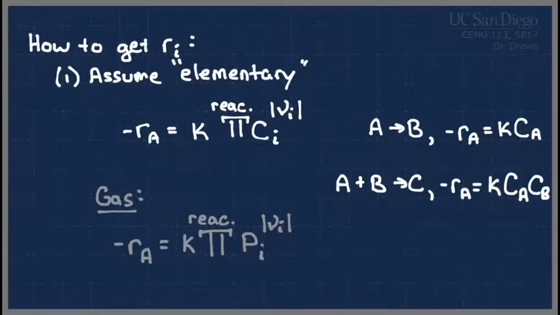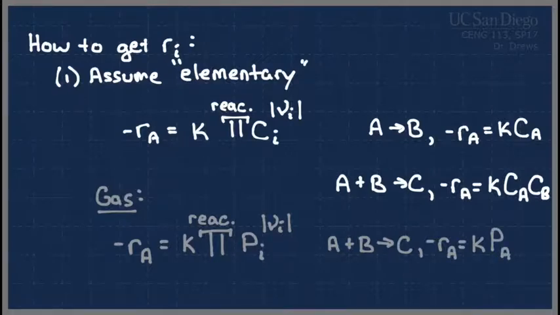So for example, if I had this same expression, A plus B goes to C, and I wanted to write that elementary rate law in terms of partial pressures, this would look like K times PA, PB, where PA and PB are the partial pressures of A and B. That does not mean that those two Ks are the same.